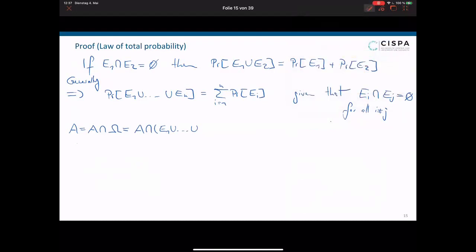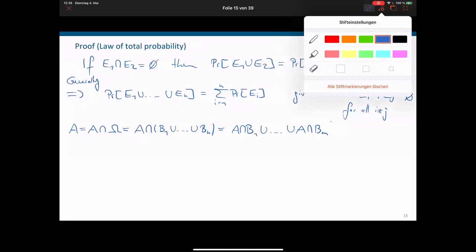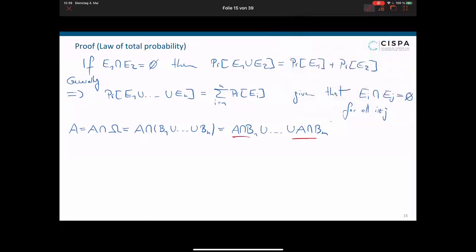Here we call them now B. Let's call these events B1 until Bn. And of course, this is the same as A intersect B1, union, and so forth, union A intersect Bn. And therefore, if we look at these sets here, we know that the Bi and Bj are disjoint, therefore they still remain disjoint when we intersect them with A.